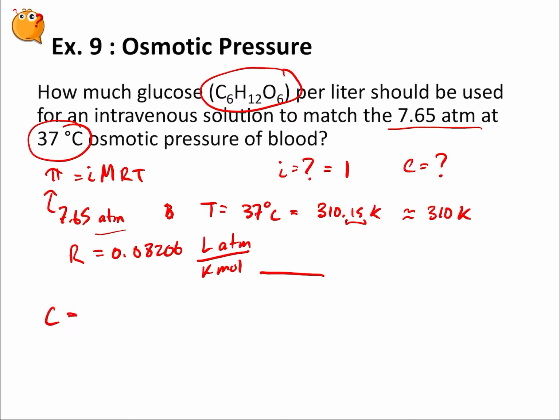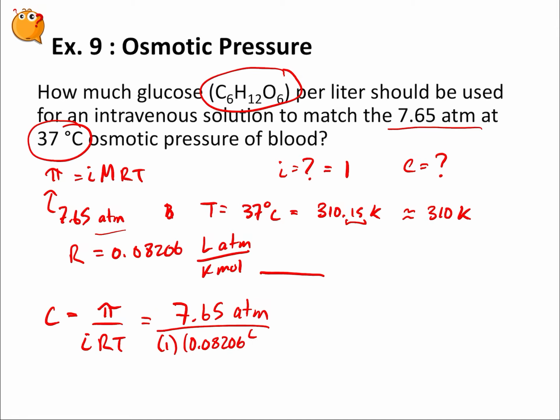So our concentration is going to be equal to pi over iRT, equals 7.65 atmospheres over 1 times 0.08206 liter atmospheres per mole K, times temperature, 310 K. Temperatures will cancel, atmospheres will cancel, and you get 0.301 moles per liter.